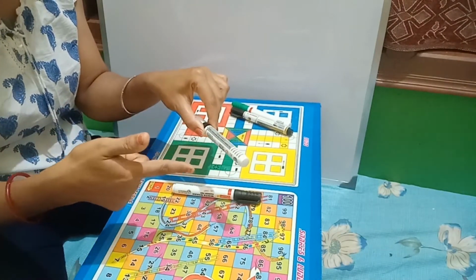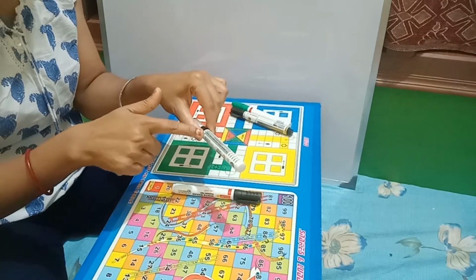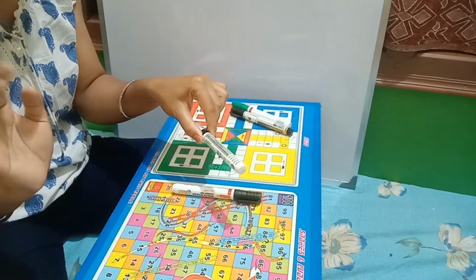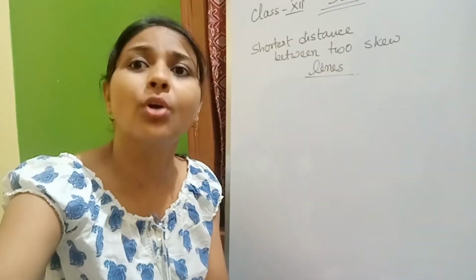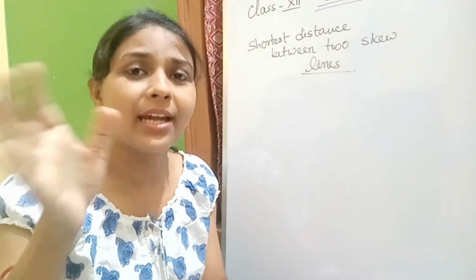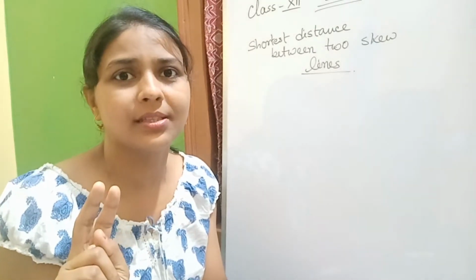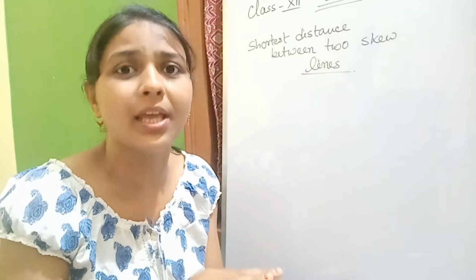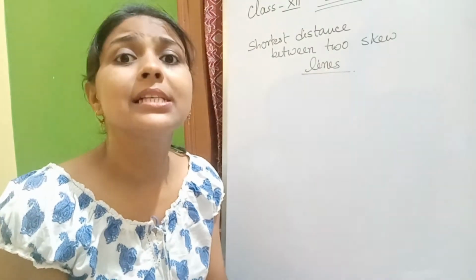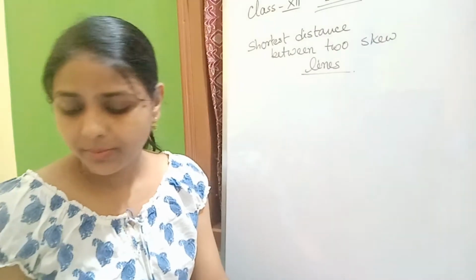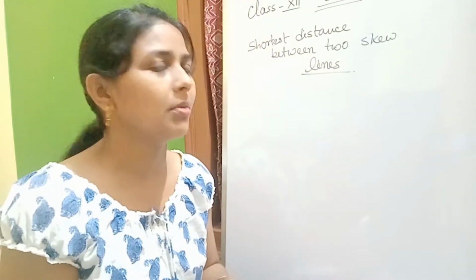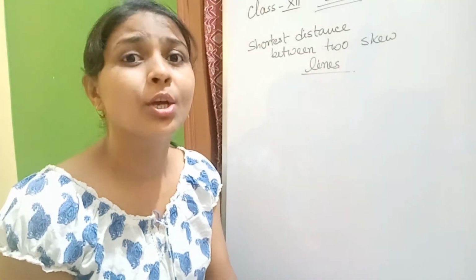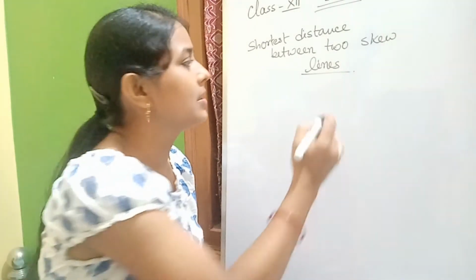So in this case, we can say that these two lines are non-coplanar. Non-coplanar lines are not parallel and not intersecting. In such a way, these two lines are called skew lines. The figure on the board cannot make you understand properly, that's why I showed you this on my table.